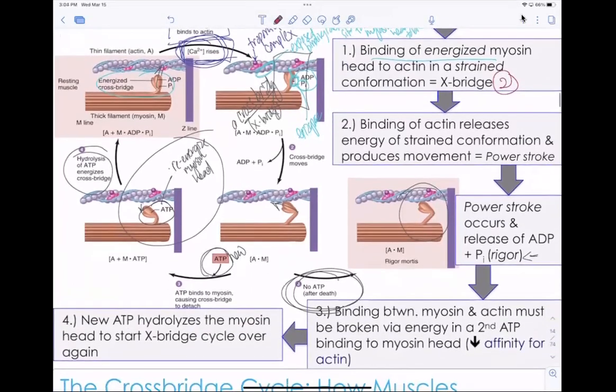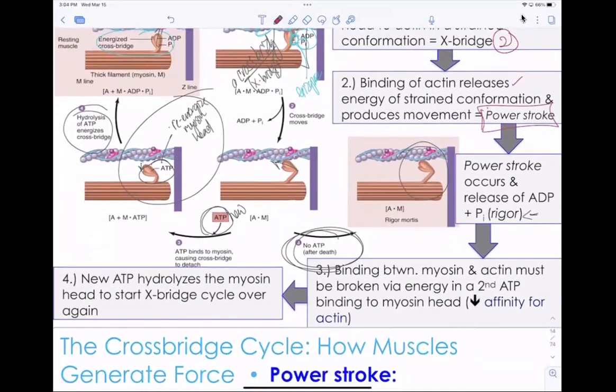The binding of the myosin head to the actin releases the energy stored in the myosin head, and it will cause a power stroke, or the myosin head to pivot and pull the actin strand closer to the midline.